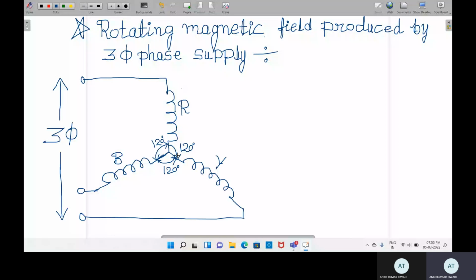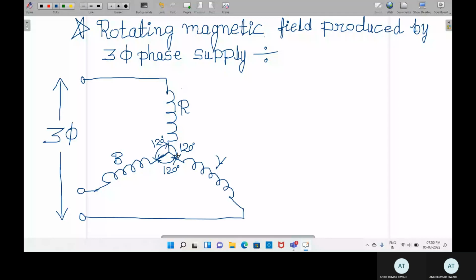So coil R will produce the flux phi R, coil Y will produce the flux phi Y, and coil B will produce the flux phi B. We are not going to study the alternating quantities like voltage and current. These voltage and currents produce the magnetic flux. So we will study the magnetic flux produced by these coils.